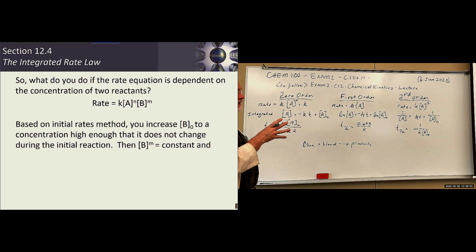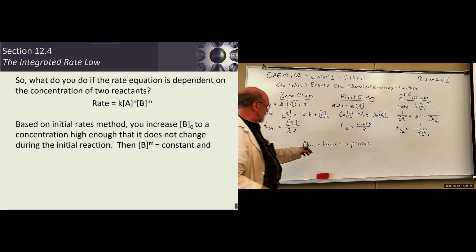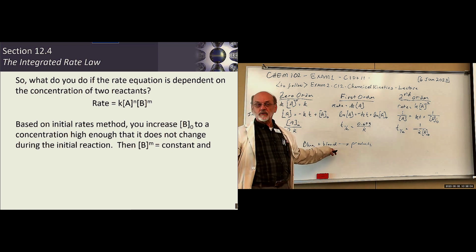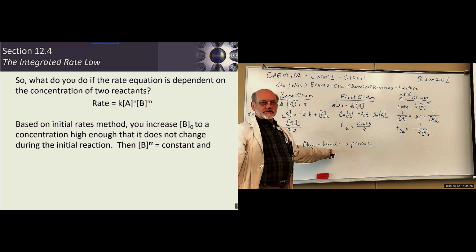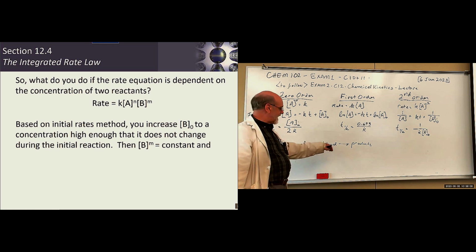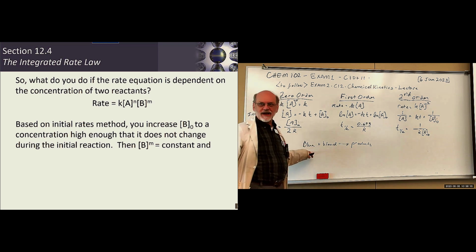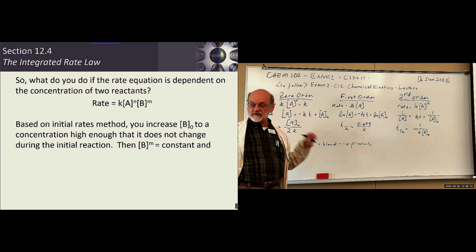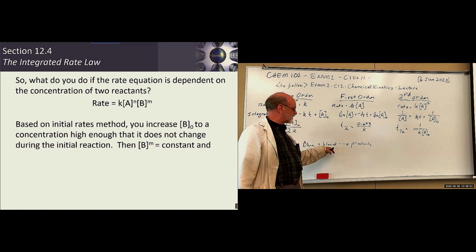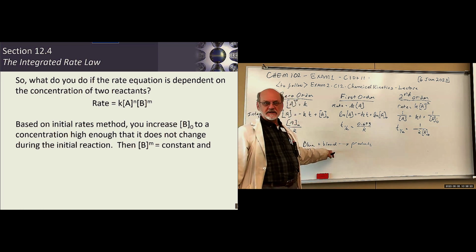We increase one of them. In this case, we're going to increase B. We're going to increase bleach to such a concentration that it effectively does not change during the reaction, or the change is so small relative to the other reactants, it just doesn't have a significant influence on the initial rate.